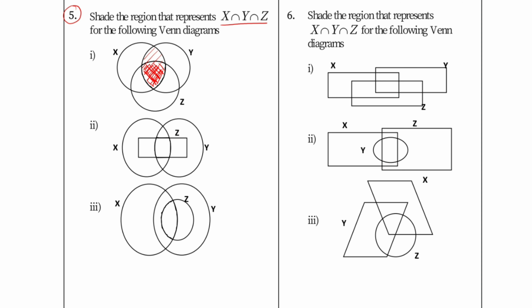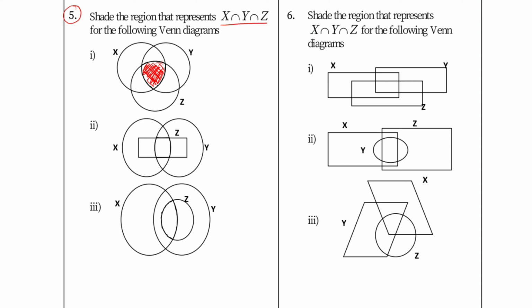So what you have to do is erase the other side. So this one represents X intersection Y intersection Z.